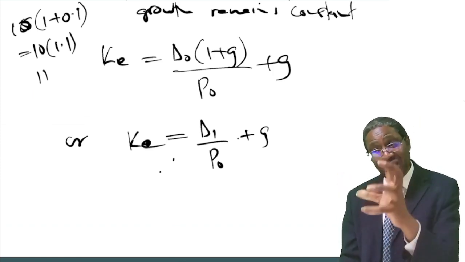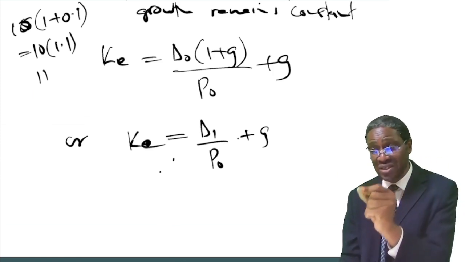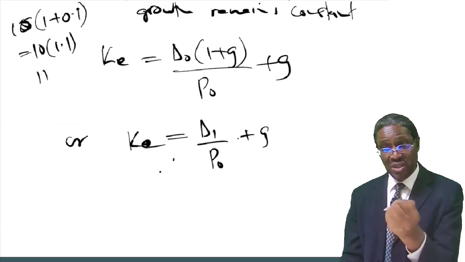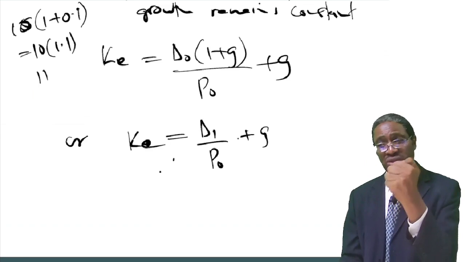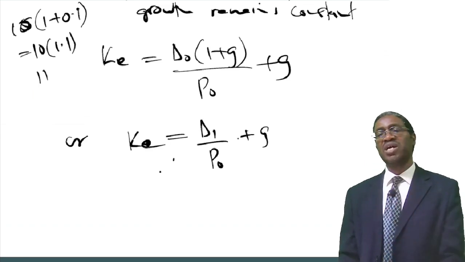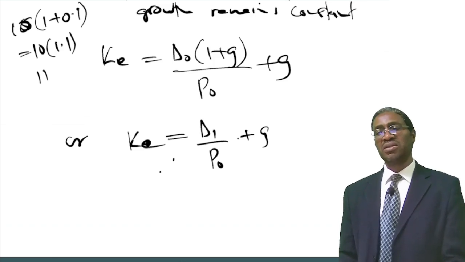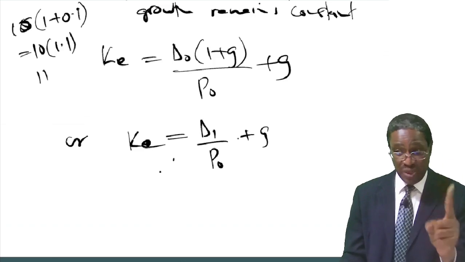So if the question tells you the latest amount paid as dividend is 5 shillings, that 5 shillings becomes your D0, the latest dividend that was paid.